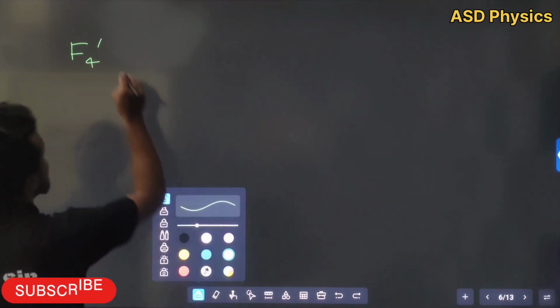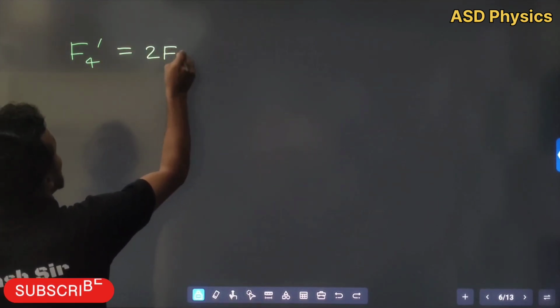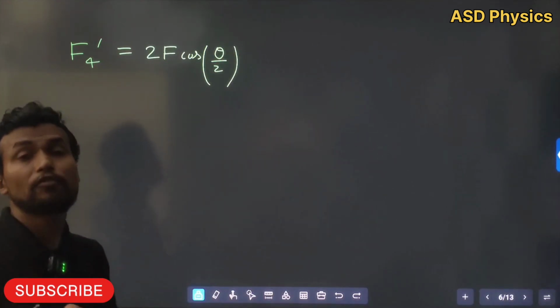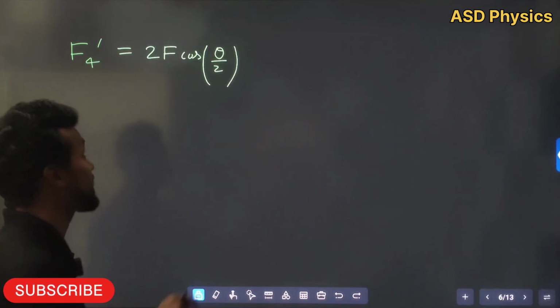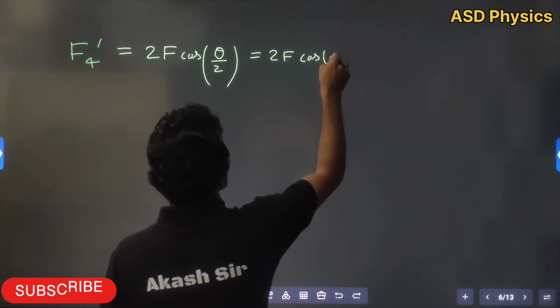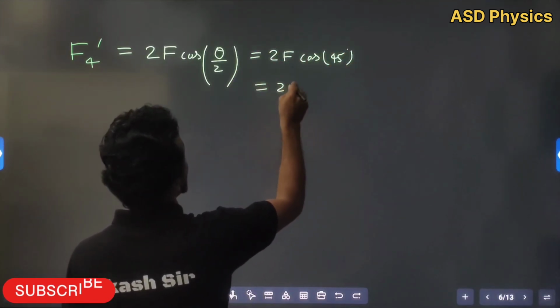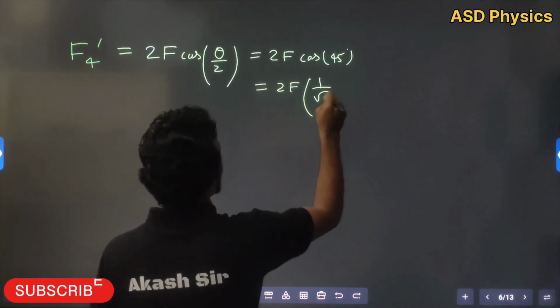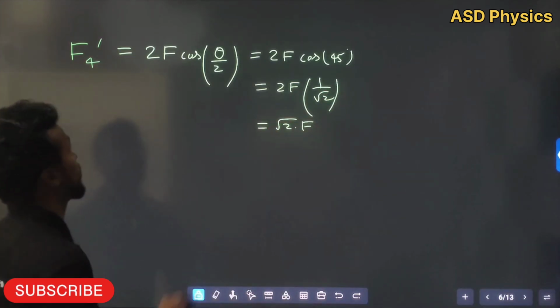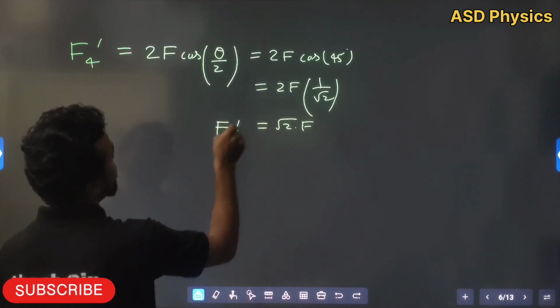F4 dash will be 2F cos theta by 2. Now F41 and F43 make an angle of 90 degrees, so it will become 2F cos 45 degrees. That means how much is it? 2F cos 45, the value is 1 by root 2. That means it will come to root 2 F. This is F4 dash.